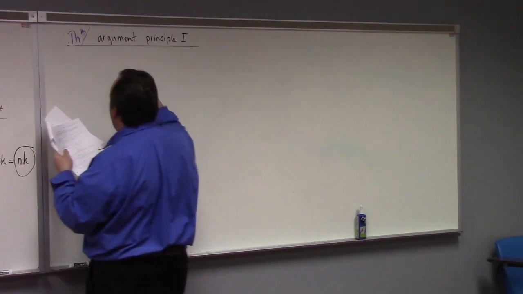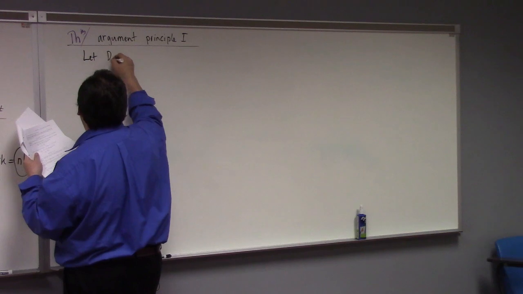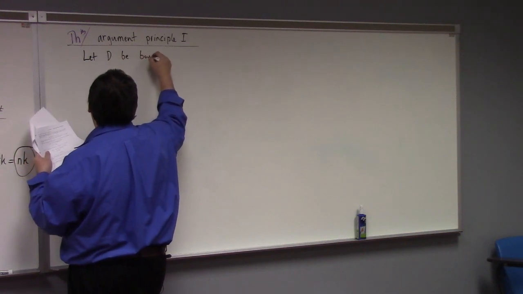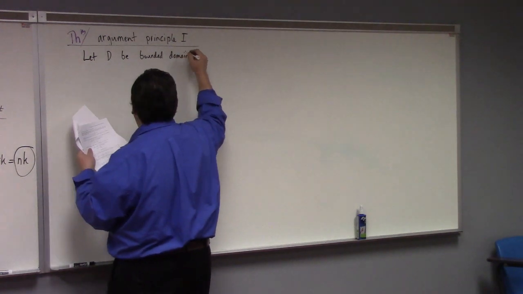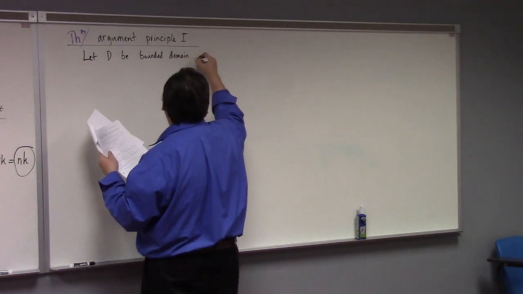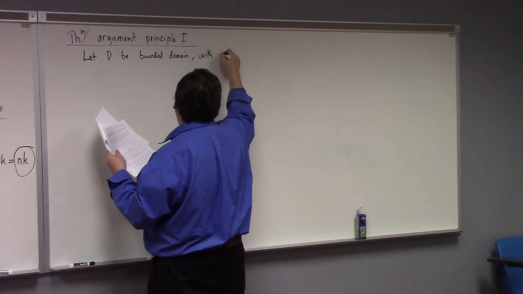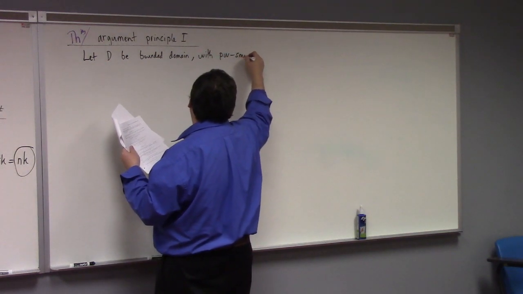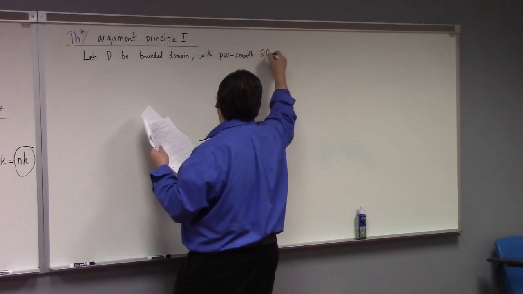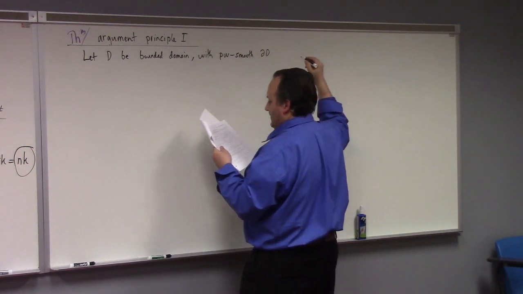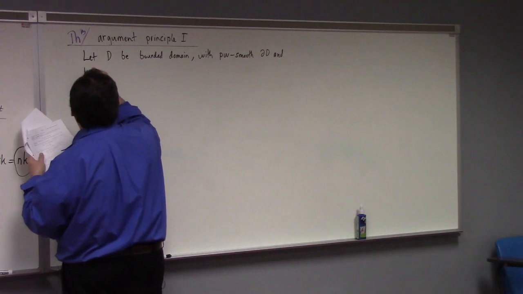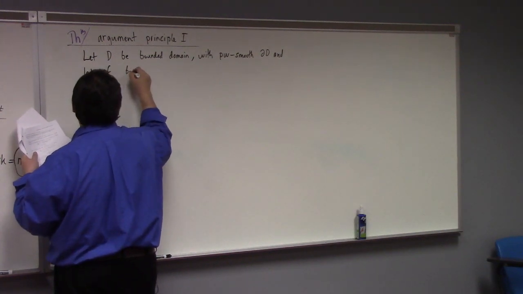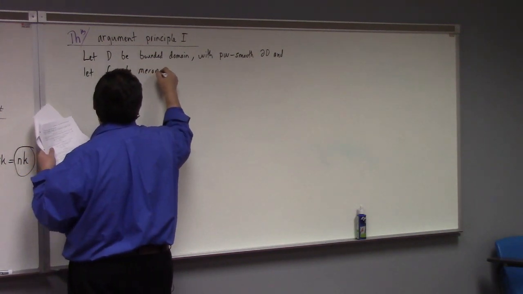It says: let D be a bounded domain with piecewise smooth boundary ∂D, and let f be meromorphic.